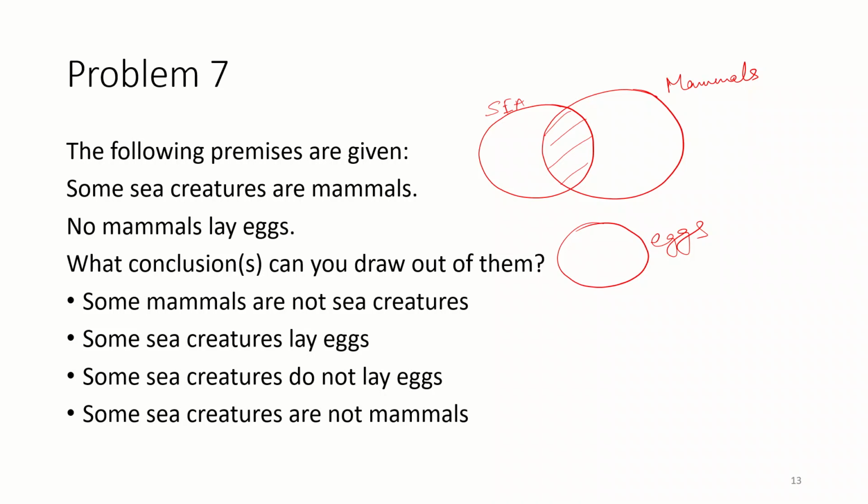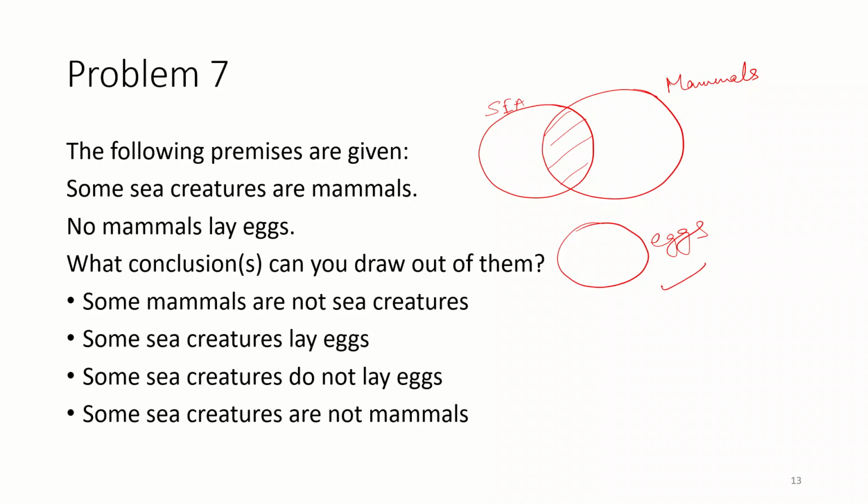Some sea creatures lay eggs. Yeah, that shaded portion, eggs. They have not told anything about sea creatures and eggs. That may be a possibility. They can lay eggs. Some sea creatures do not lay eggs. Okay.